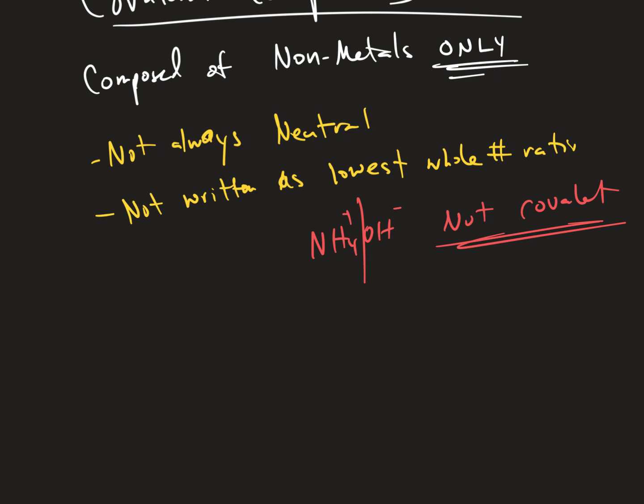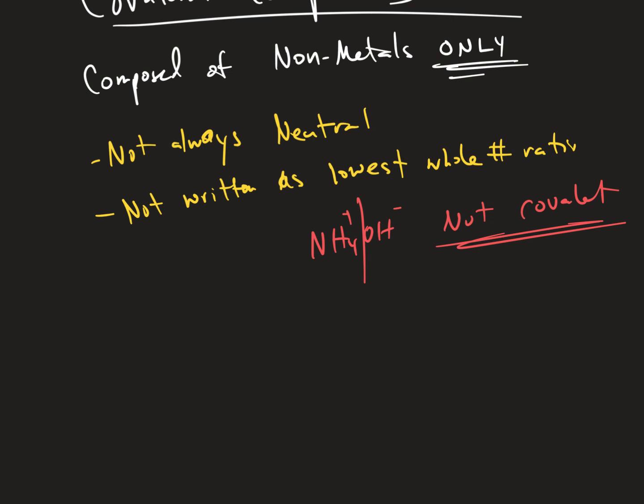All right, another thing on ionic compounds. What happened to the electrons when an ionic compound was formed? Do you remember? They either gain or lose electrons to have the noble gas configuration, to get the octet. So ionic compounds gain or lose electrons to reach the octet.